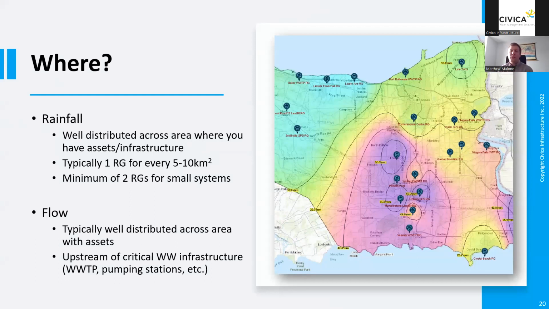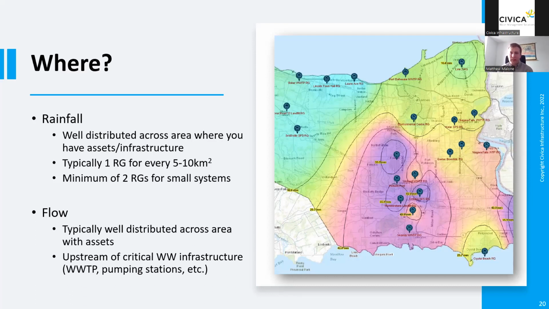This is specific to collection systems, but there are other entities within municipal organizations that will use rainfall data, not just for the collection system, so transportation groups or asset management for buildings and things like that. They may also want access to some of this information, but generally we try to distribute this measurement equipment across municipalities. A rule of thumb is to have one rain gauge for every 5 to 10 square kilometers of area within a municipality.